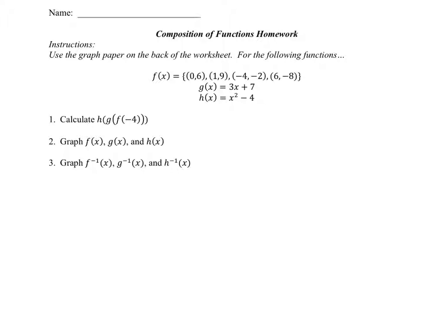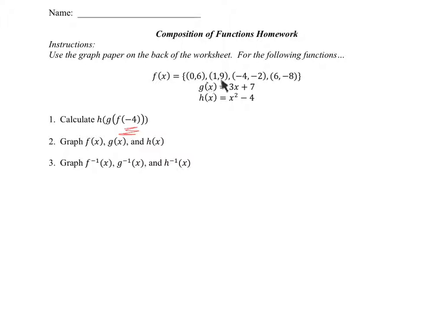Step 1 is to calculate h of g of f of negative 4. As you remember from class, we have to start with f of negative 4, and f of x is the points (0, 6), (1, 9), (-4, -2), and (6, -8). This is a function.